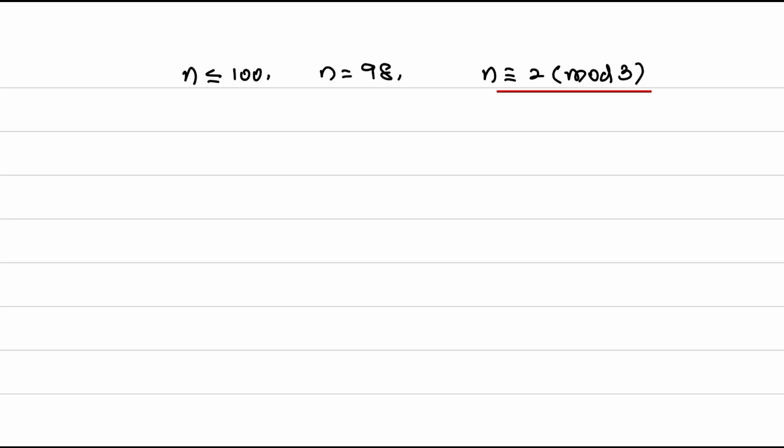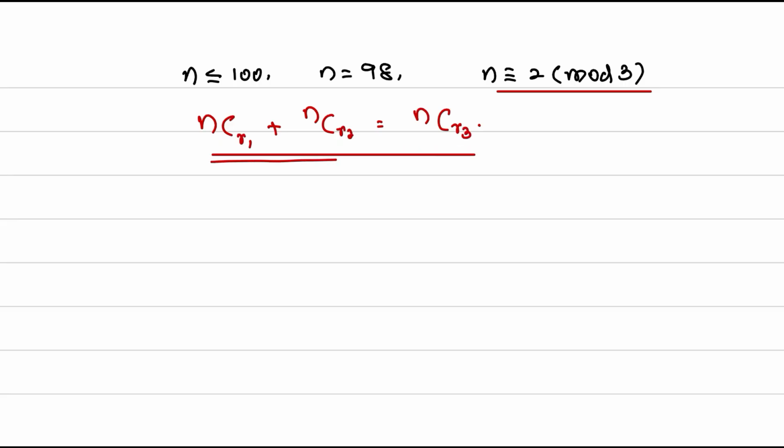Another equation being satisfied is NCR1 plus NCR2 is equal to NCR3. You will get different number of combinations here. Why I have taken this up to n is equal to 100, I will tell you.